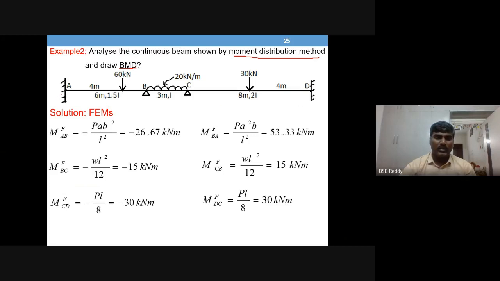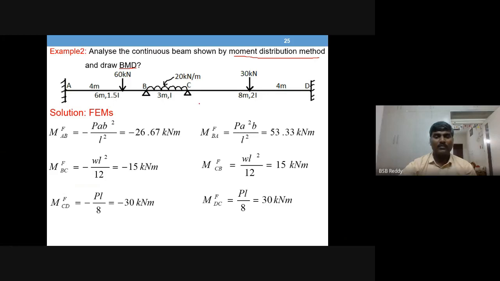If you observe the diagram, there are three spans which are AB, BC and CD, where span AB is 6 meters with 1.5 times I moment of inertia, with a point load of 60 kilonewtons eccentric, which is at 4 meters from the left support. You have span BC of 3 meters and moment of inertia I, with a UDL of 20 kilonewton per meter.